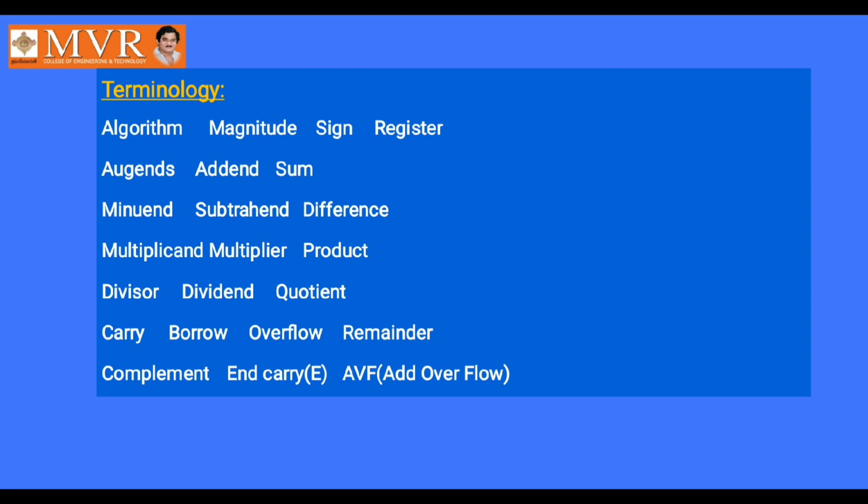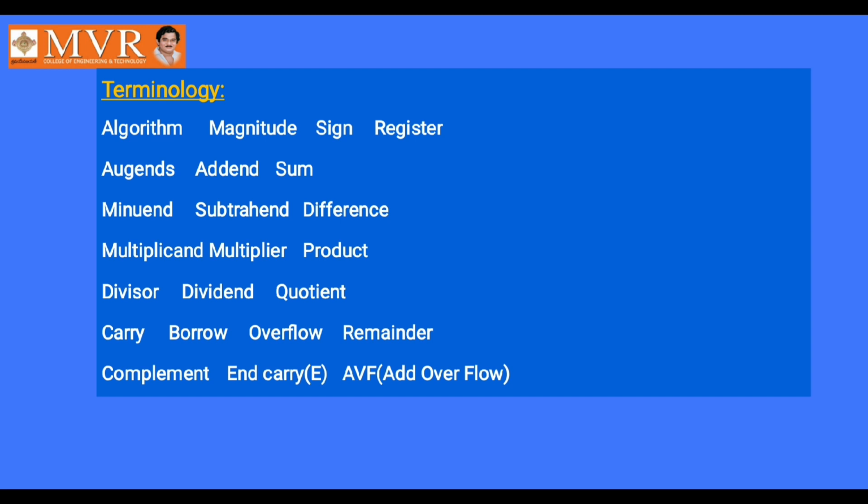To store this carry or borrow, we use a special register, because when you are going to perform an operation on two 8-bit numbers with the help of an 8-bit register, the carry or borrow will be an excess bit. That excess bit will be stored in a simple flip-flop. A flip-flop is a single-bit storage register. There it is called an overflow. And sometimes in the division operation, along with the quotient, you may also get a remainder.